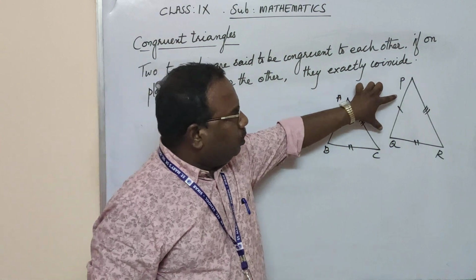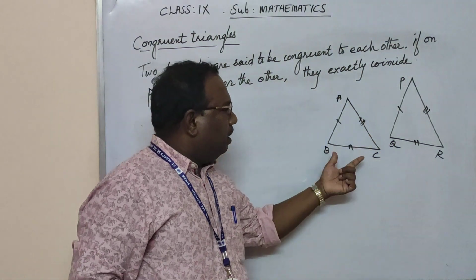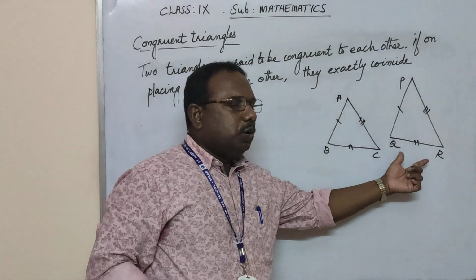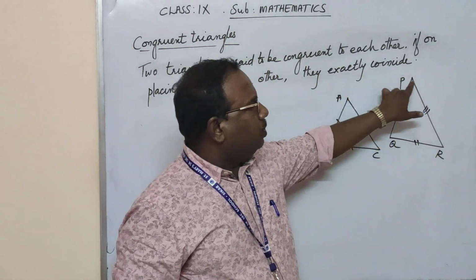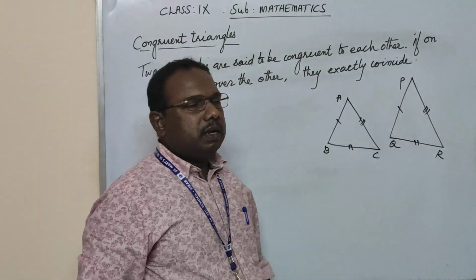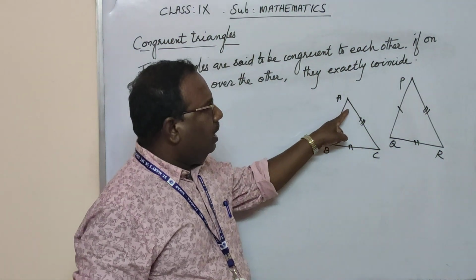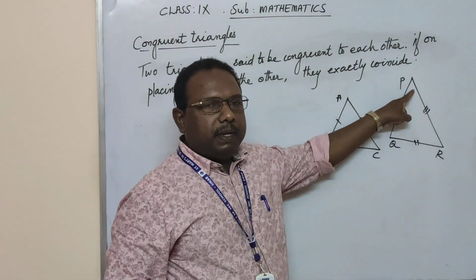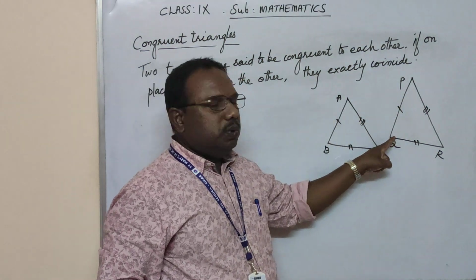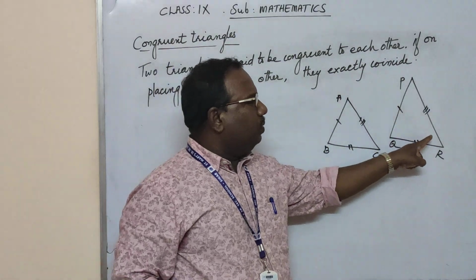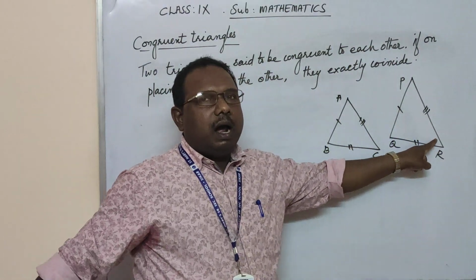AB corresponds to PQ, BC corresponds to QR, likewise AC corresponds to PR, and angle A corresponds to angle P, angle B corresponds to angle Q, angle C corresponds to angle R.